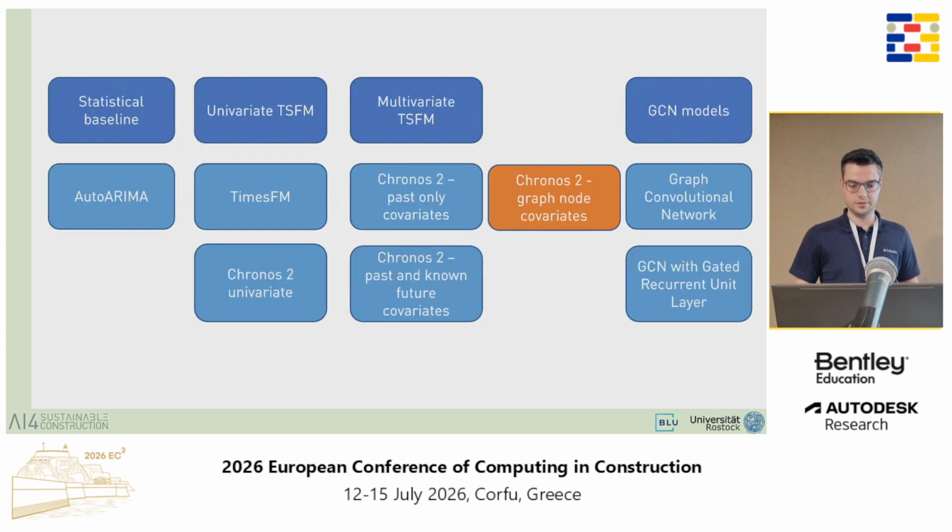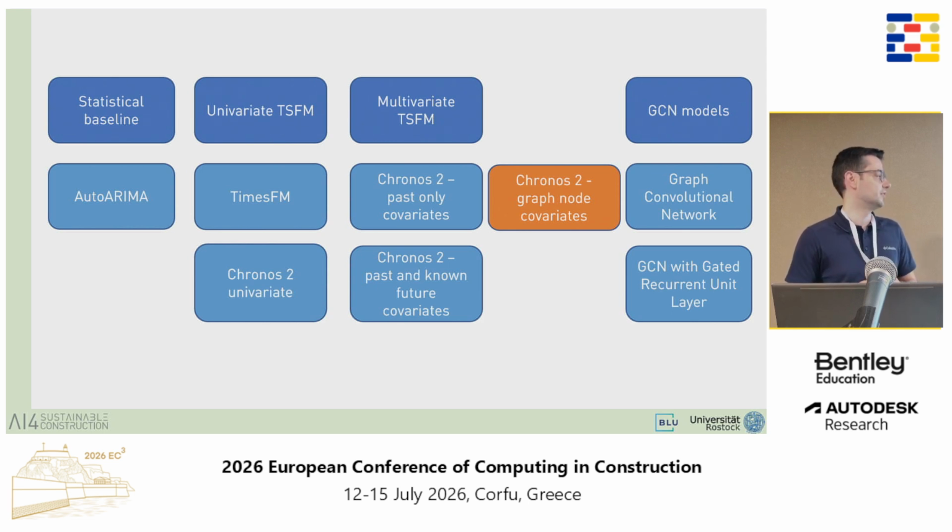So we chose to compare different models. First of all, we have the auto-regressive integrated moving average, which is our statistical baseline, short ARIMA. We've got two univariate time series forecasting models.